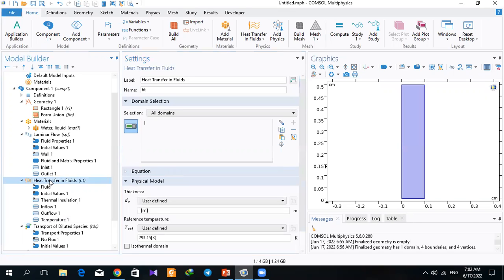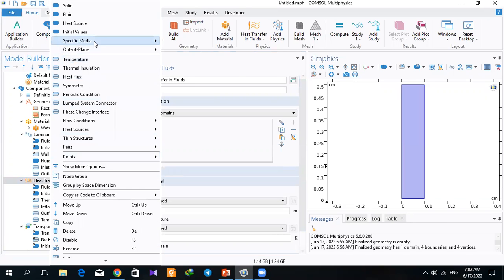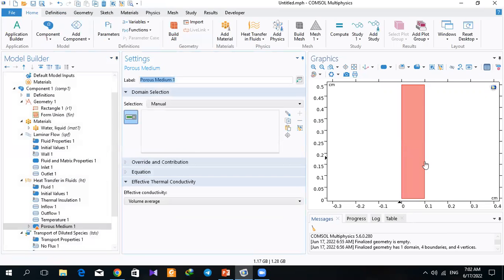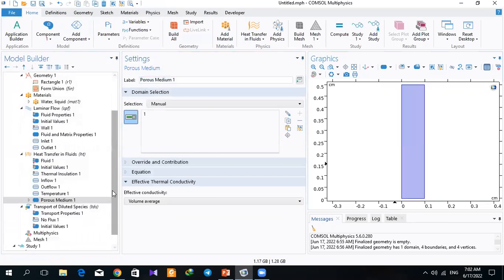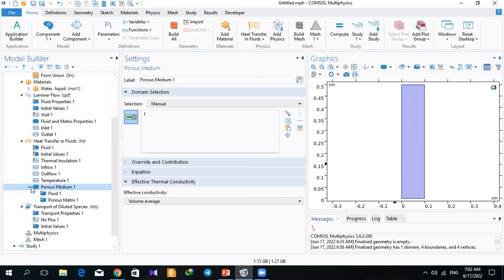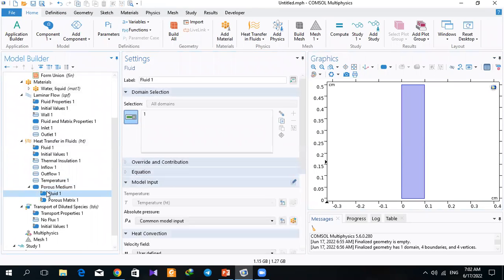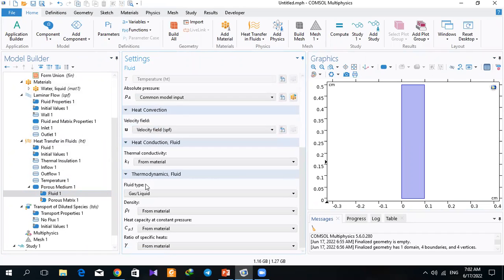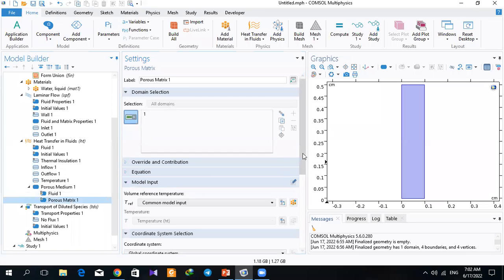And I select a specific media, porous media, for the case of selection. Here I have my fluid that I should couple with velocity. And here is my porous media domain.